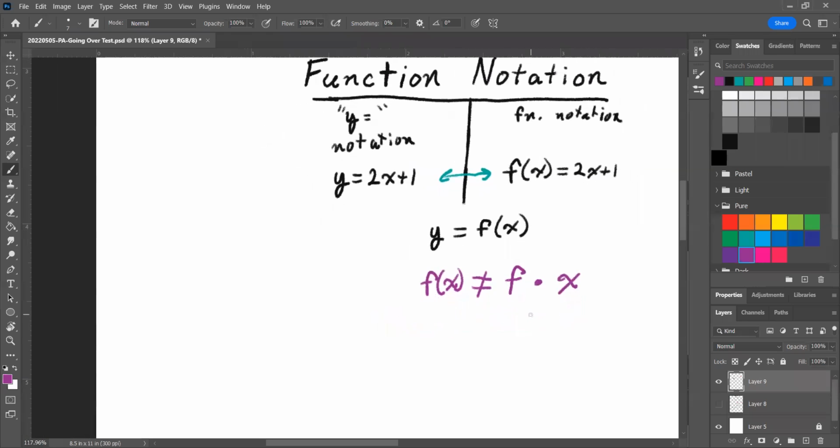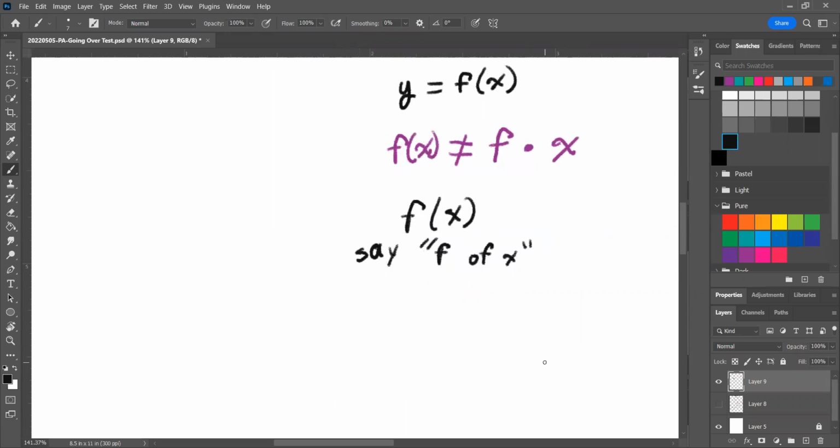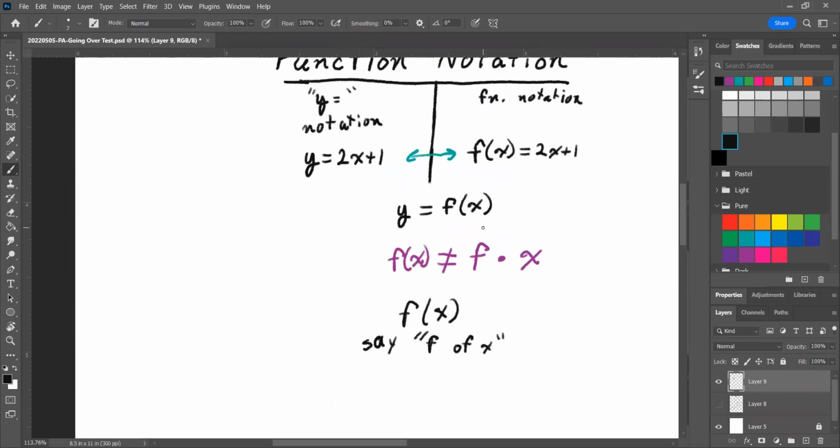What this says is, we say it, f of x. The reason function notation is useful is because it's more descriptive. And that's as far as we're going to get with function notation today.